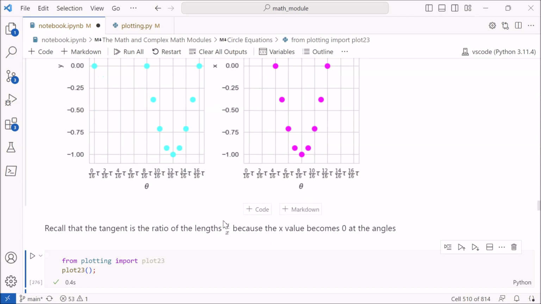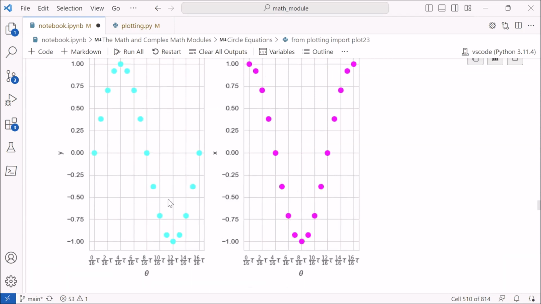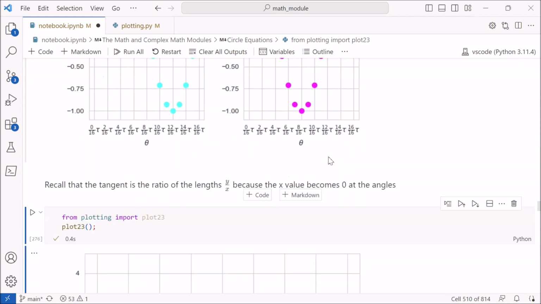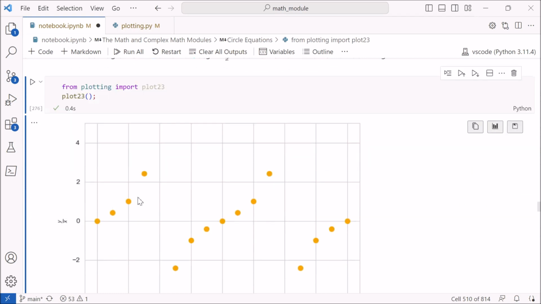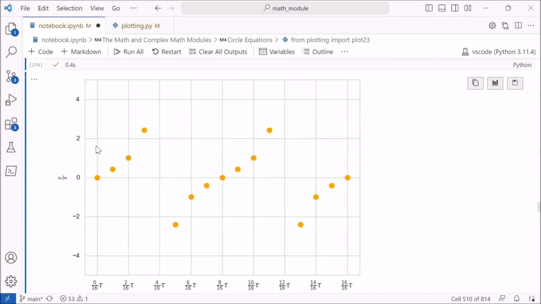Because the tan is a ratio of y over x, you're dividing 1 by 0 and -1 by 0, which is technically plus infinity and minus infinity respectively. So in order to plot the tan, you need to constrict the axis so you can actually see it, because it goes up to plus infinity and minus infinity, so you're not seeing the shape. And this is why it's discontinuous here and discontinuous here.